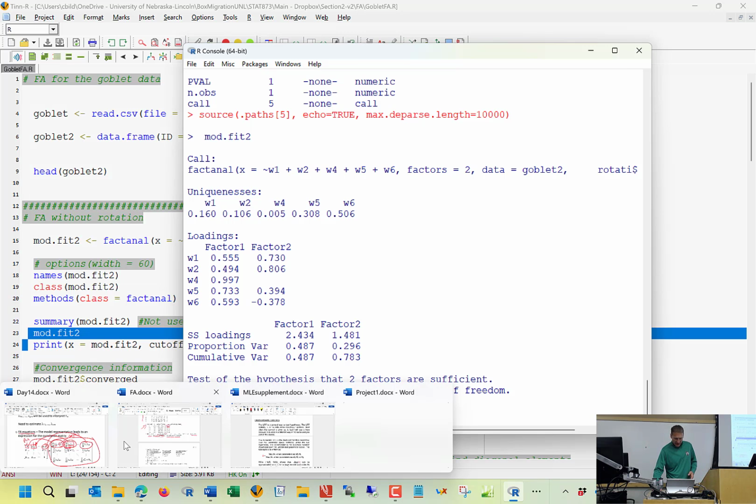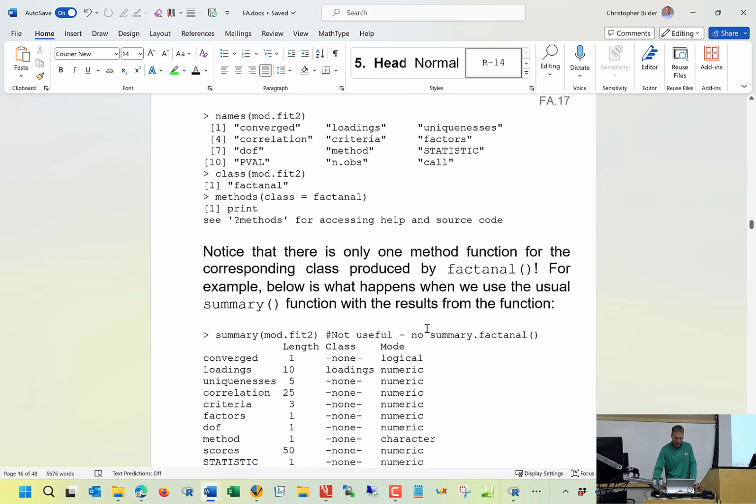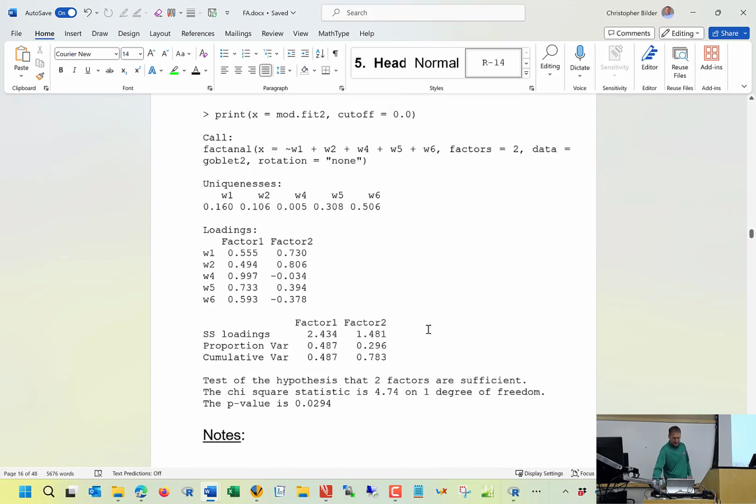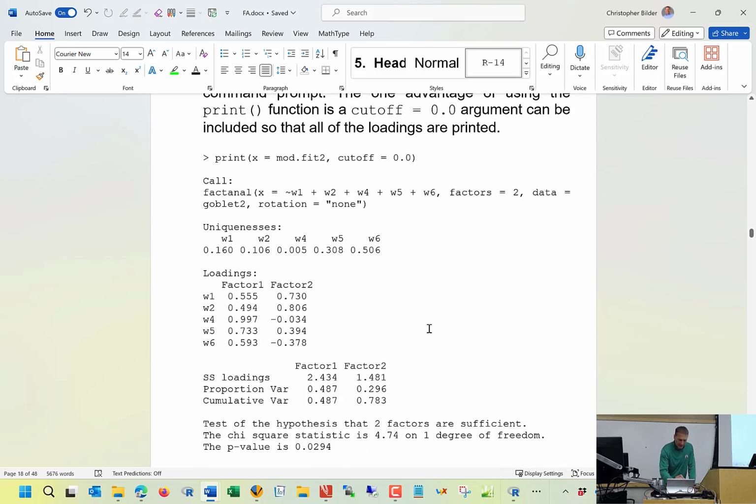Okay, let me go back over to my notes so I can write on this. We have information that says how this was implemented in terms of the actual code. Here's my uniqueness: psi hat 1, the estimated specific variance for the first specific factor, is 0.16.